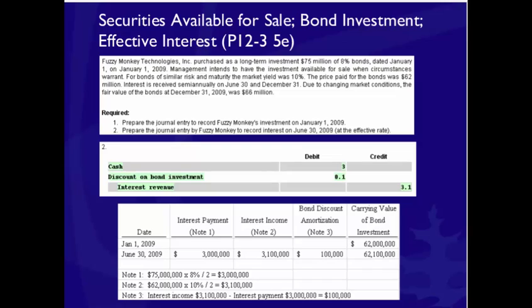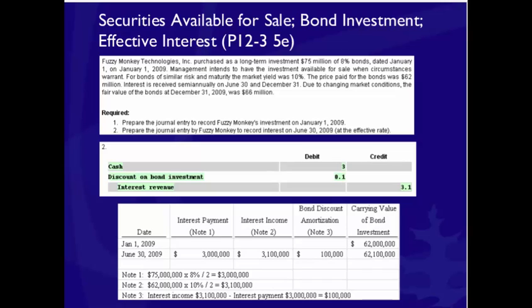The difference between the interest income and the interest payment is the amount of the bond discount amortization that we need to record. Since bond discount shows up as a credit or a contra investment account, then the entry we need to make to record the amortization is to reduce it.